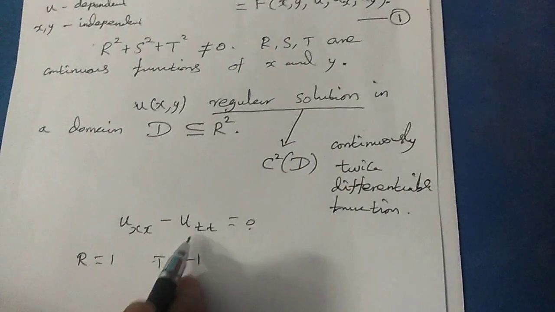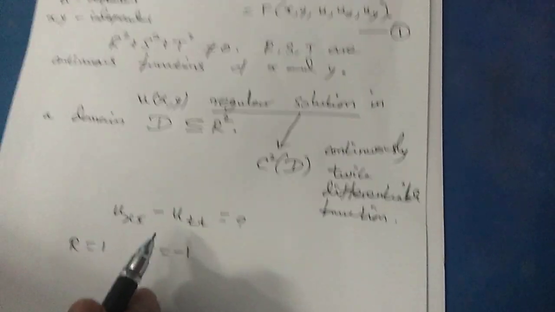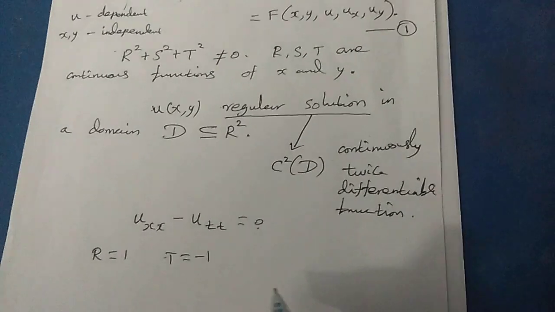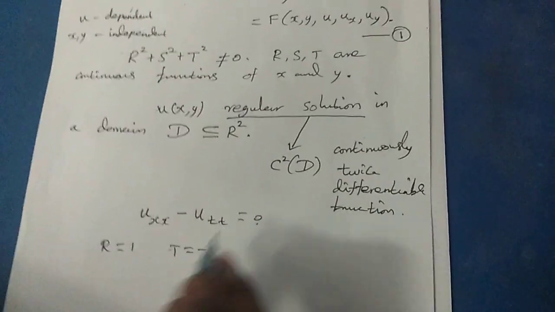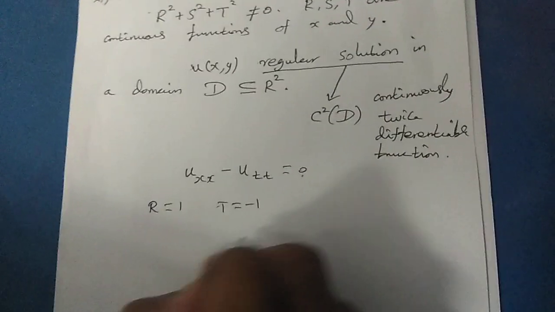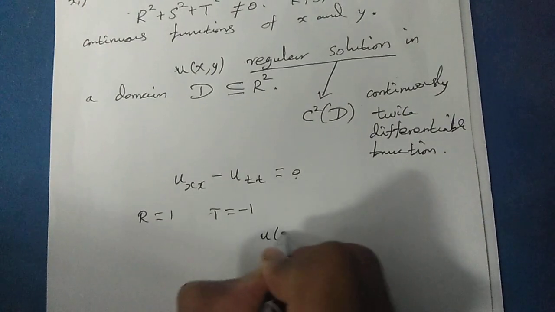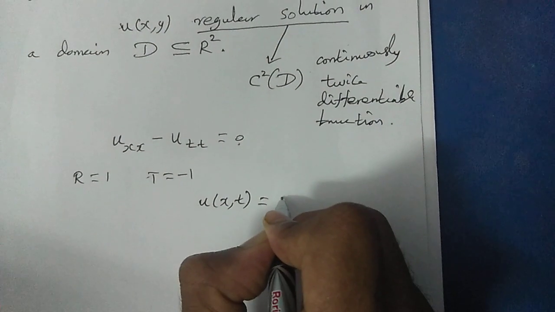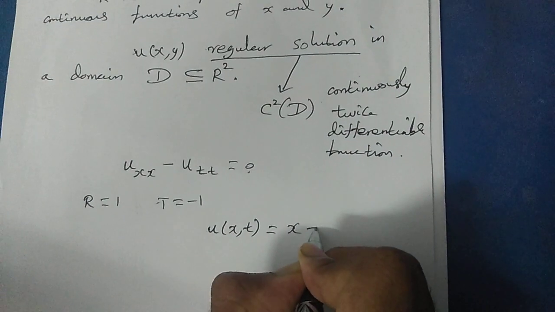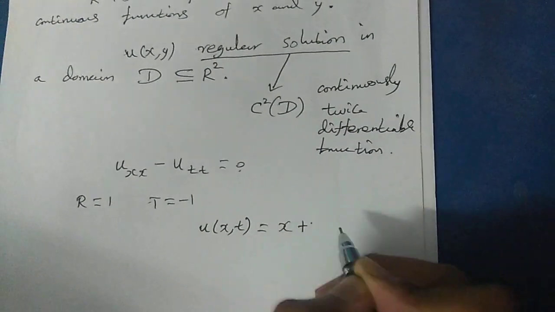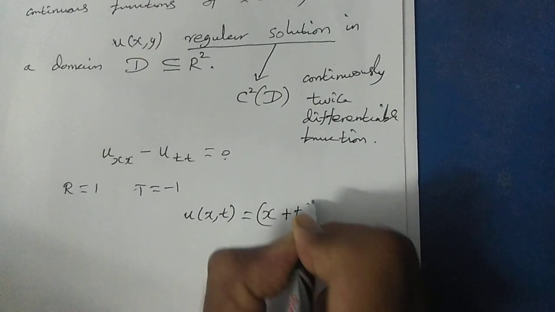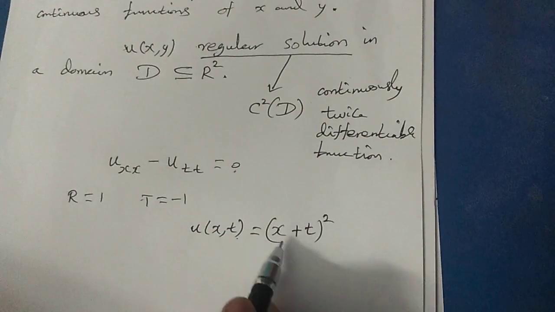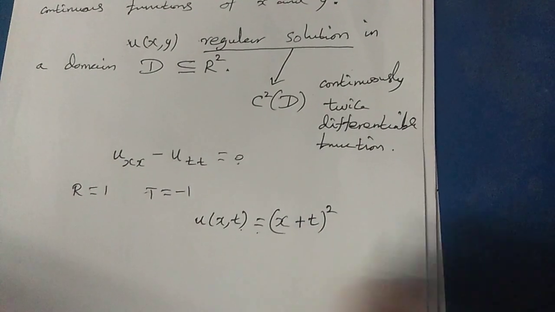So it's a linear second order partial differential equation. Suppose I'm taking some function u of x comma t equal to x plus t whole square. Let me verify whether this is a solution or not.